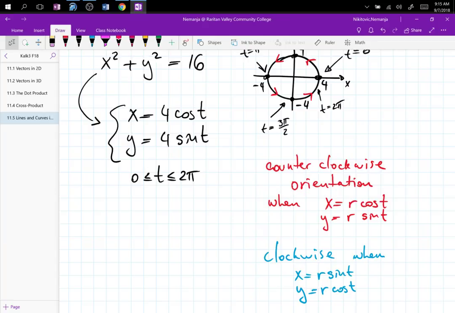The only thing that switches when you swap these is the orientation, whether you go clockwise or counterclockwise. Standard motion is counterclockwise. Your positive angles go counterclockwise, everything is counterclockwise as a standard, but you can reverse it, and in some cases we will have to reverse it, so you need to know both.